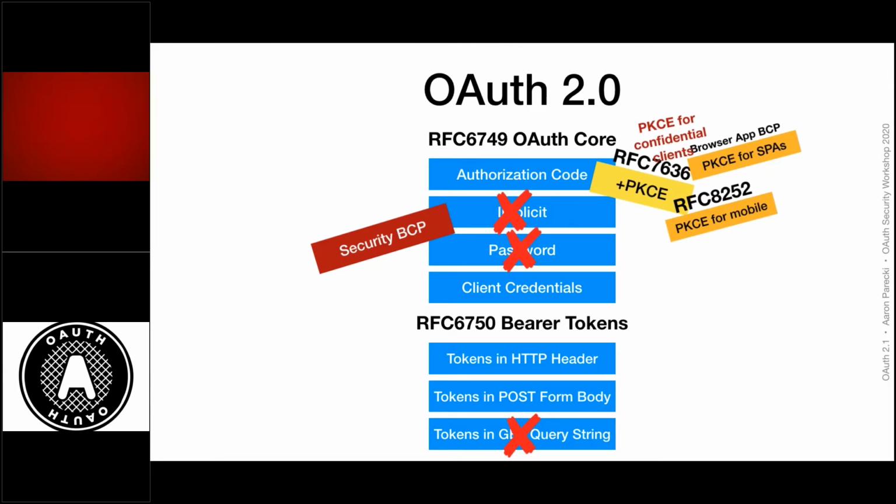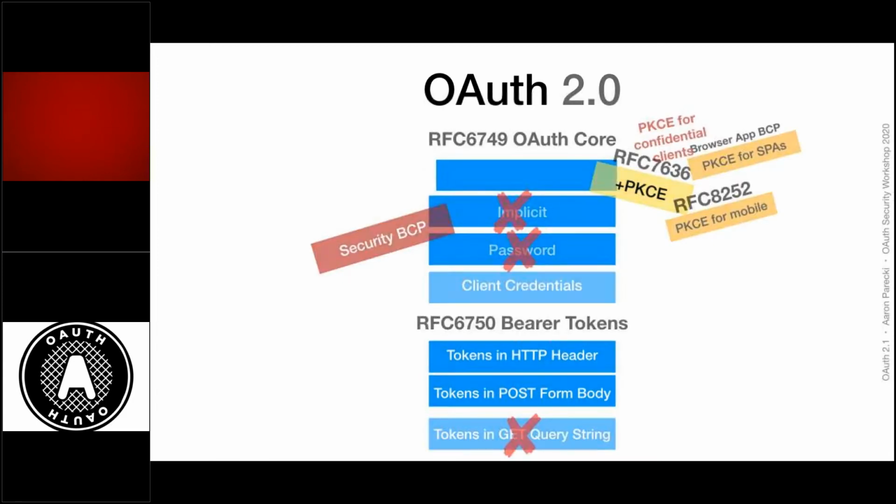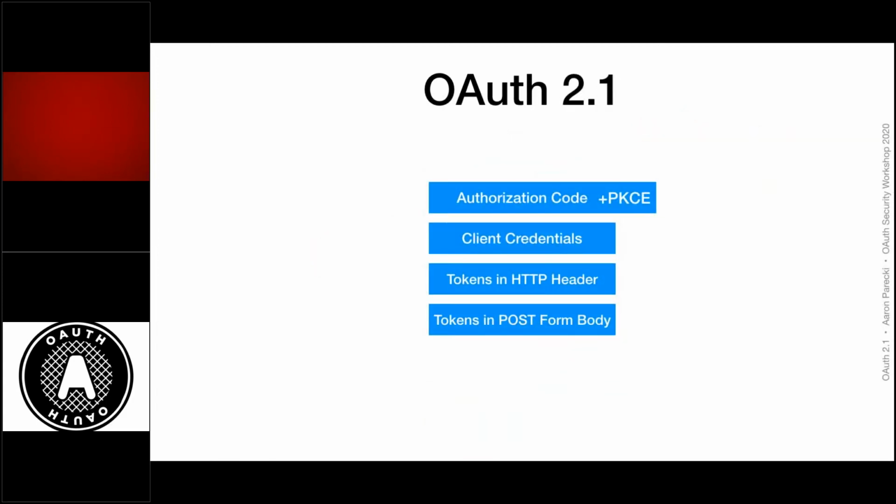If you look at what we've added and what we've removed, we're saying use the authorization code with Parecki, use the client credentials grant when there's no user involved in the flow, and two different ways to use access tokens.